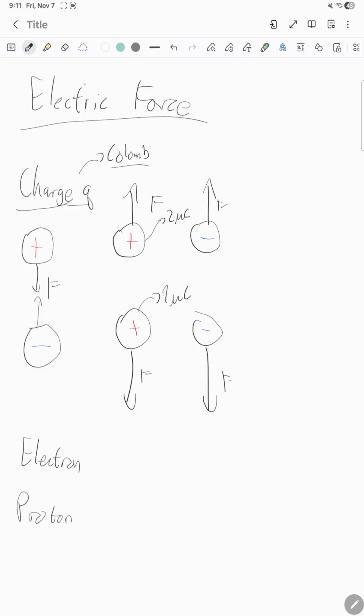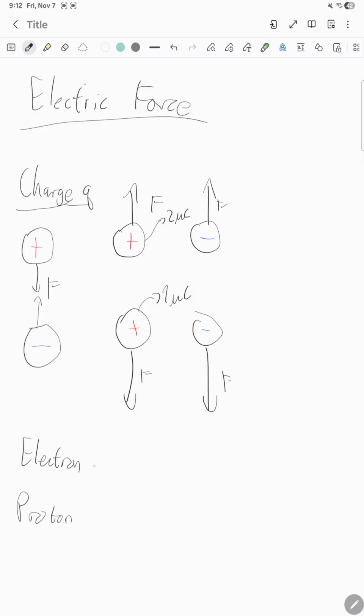Just like force is measured in newtons and mass is measured in kilograms, charge is measured in coulombs. They can give you problems like 2 microcoulombs or 1 microcoulomb because it's rare that they're going to give you 1 coulomb or 2 coulombs, since at such small levels you don't really have that much charge.